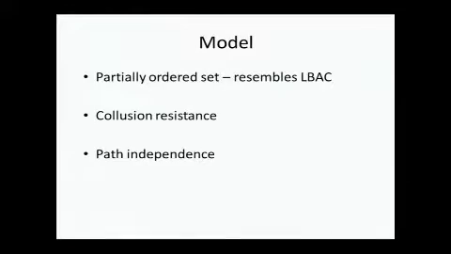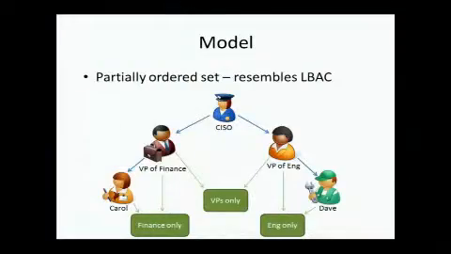Oh, sorry. There are a couple of other things in this model. One of them is collusion resistance. This is the positive way of saying it, but it means that two people teaming up from this diagram can't do anything other than what they could do by themselves.